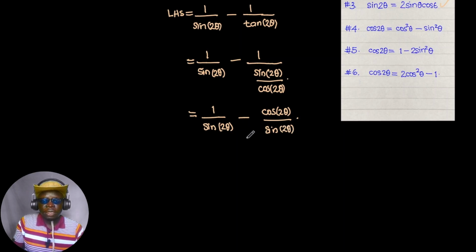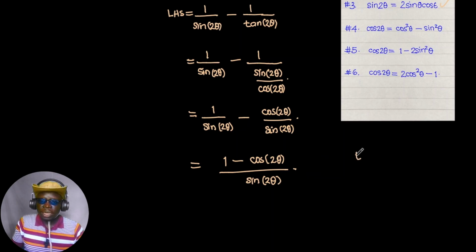And the good news is sine 2 theta is common in the denominator, so you can subtract the numerators. Therefore, we have here 1 minus cos of 2 theta, and we divide this by a common denominator, and that is sine 2 theta. As before in our example, remember we're working towards tan theta.